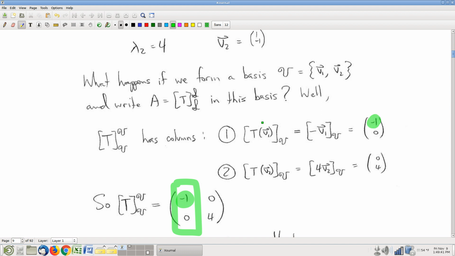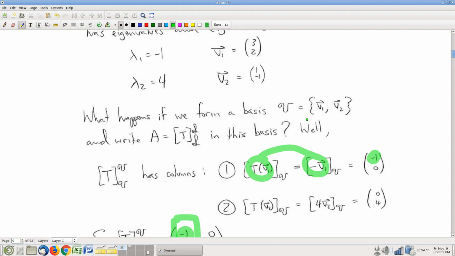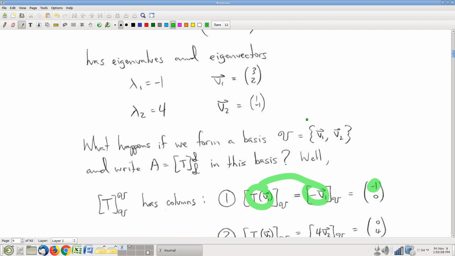Because T of V1 is a multiple of only V1. The image is a straight multiple of the first basis vector. So the diagonal effect in the first column is immediately a direct consequence of the fact that that is an eigenvector.